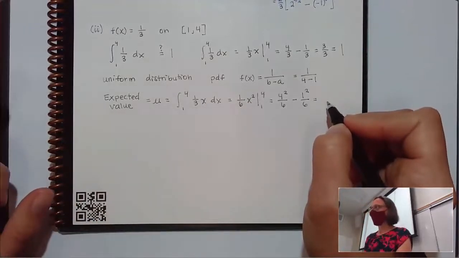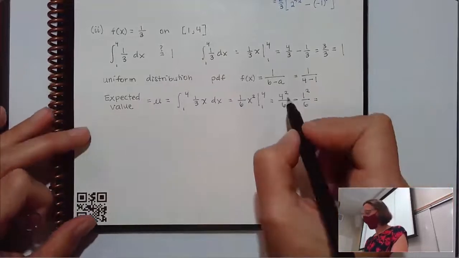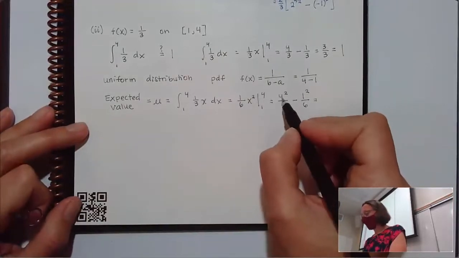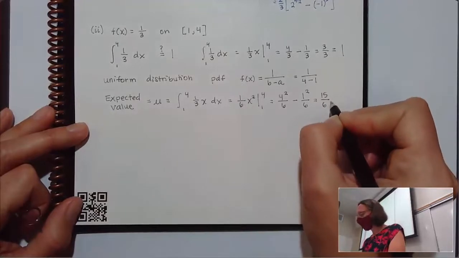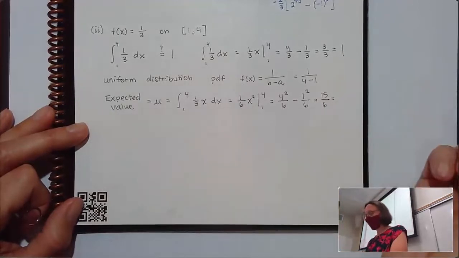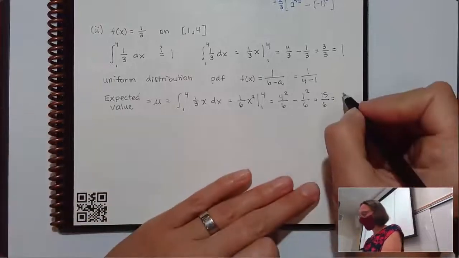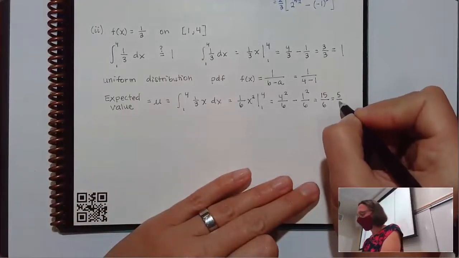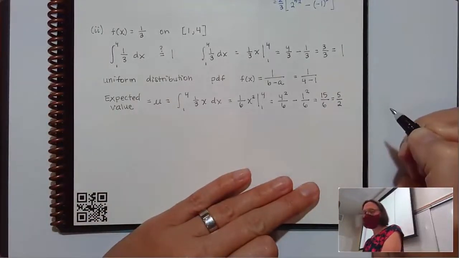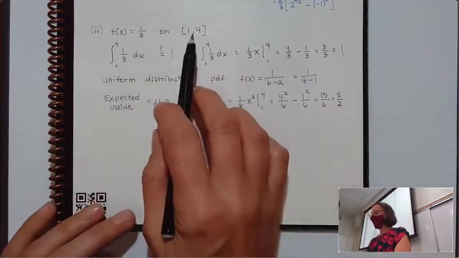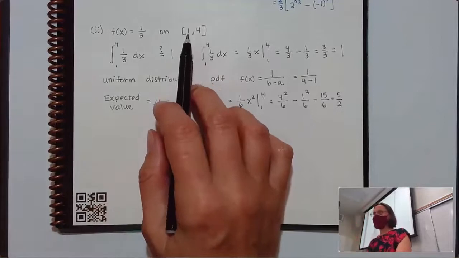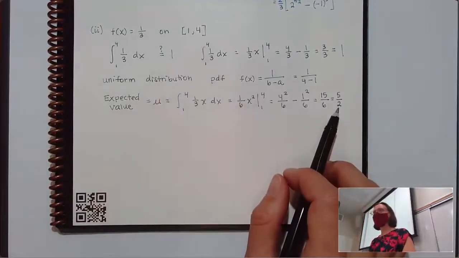Mathing right? You all can stop me if I'm not mathing right. So I'd have 15 over 6. Those are both divisible by 3. So that would be 5 over 2. And we can get that by taking b plus a divided by 2.